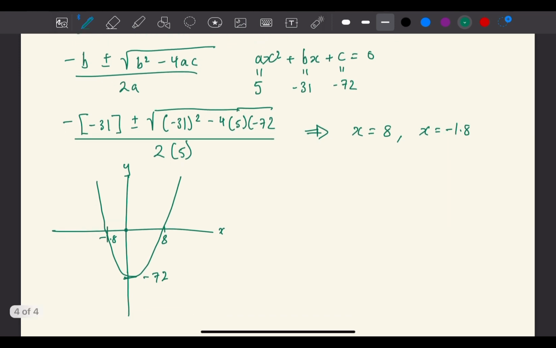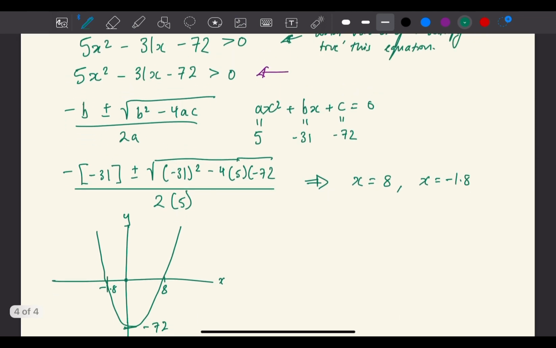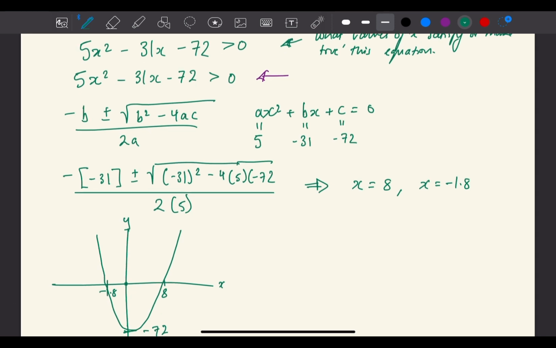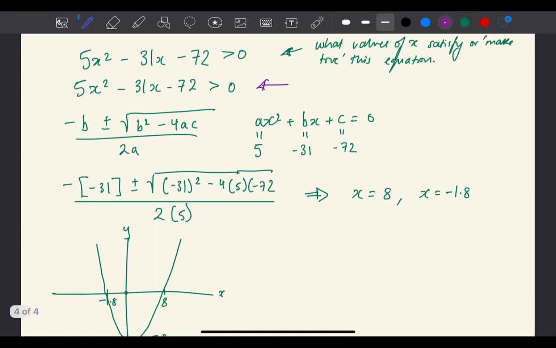Okay, so that's what the graph looks like. So again, we want to find the values of x for which y is greater than 0. So the question is, why is it that we're trying to find the values of x for which y is greater than 0? Well, because if you treat this whole thing as equal to y, then y is equal to 5x squared minus 31x minus 72.